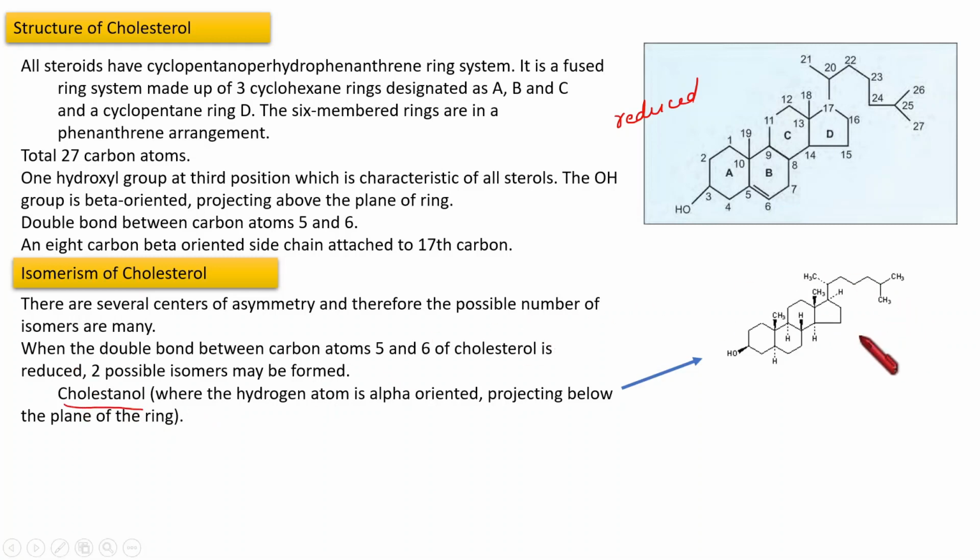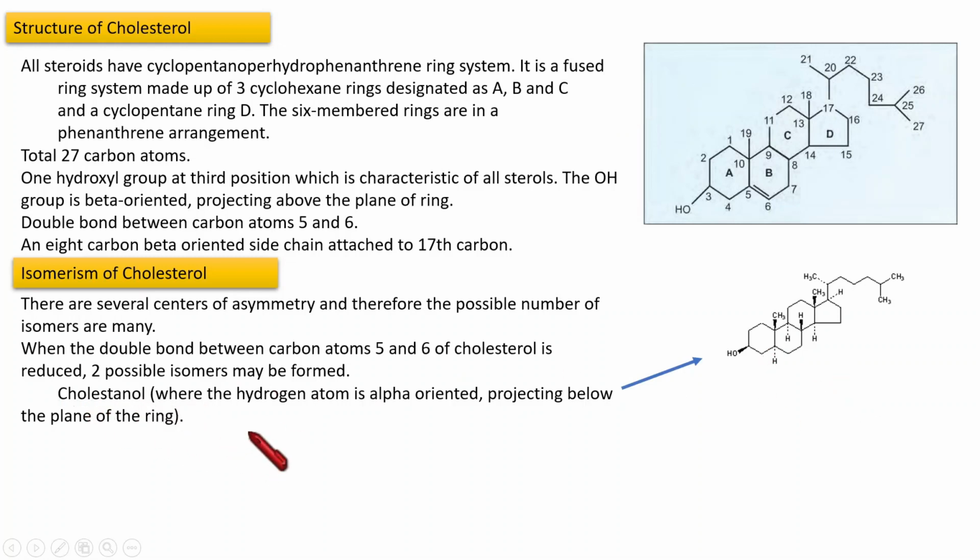Cholestanol, its structure is given here by breaking that bond, by reducing that double bond. And look, here one H is forming. And what about its orientation? It is alpha oriented. I already mentioned that if the orientation of a bond is alpha, that is, if it is projecting below the plane of the ring, it is represented with a dotted line. That is why we can see a dotted line here.